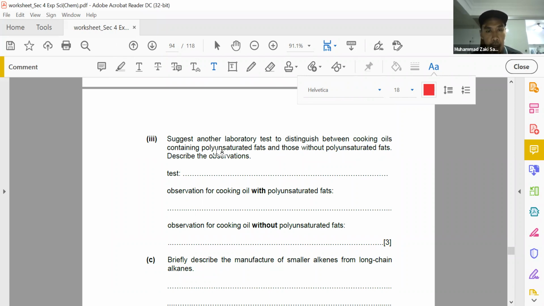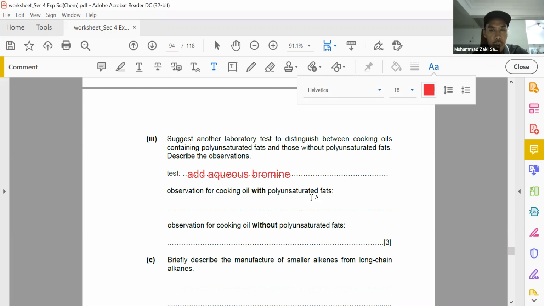One contains polyunsaturated fats. The other one does not have polyunsaturated fats. So what do we do? What do we add? Unsaturated carbon-carbon double bond. What is the chemical? Who can remember? Bromine.